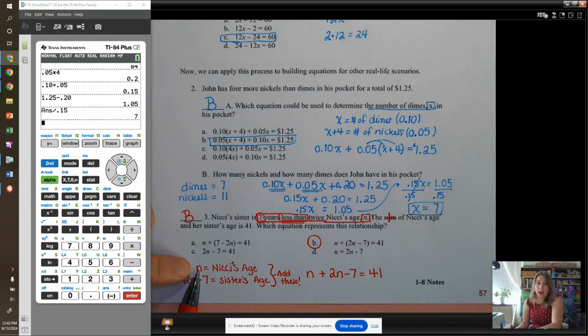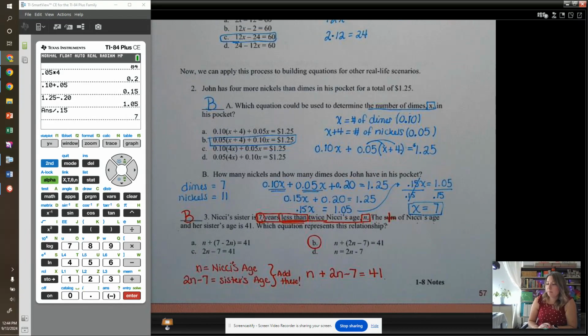So I wrote out, to remind myself what Nikki was, I wrote out Nikki's age equals N. Okay, so N equals Nikki's age. And then I could think about, well, twice that is 2N, and 5 years less than that would be minus 5. So 2N minus 5 gives me the sister's age. When you add those two things up, it should equal 41 total as their combined ages.